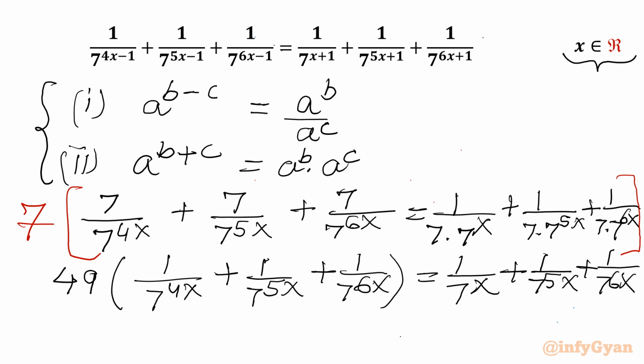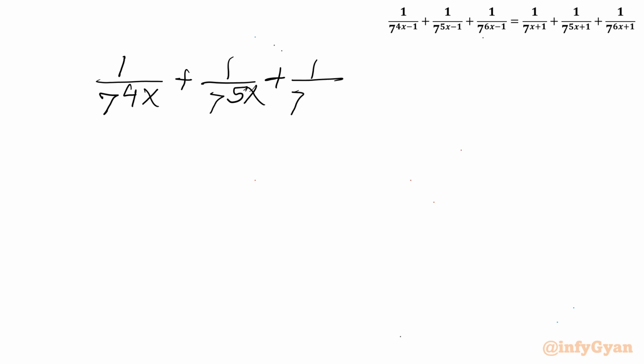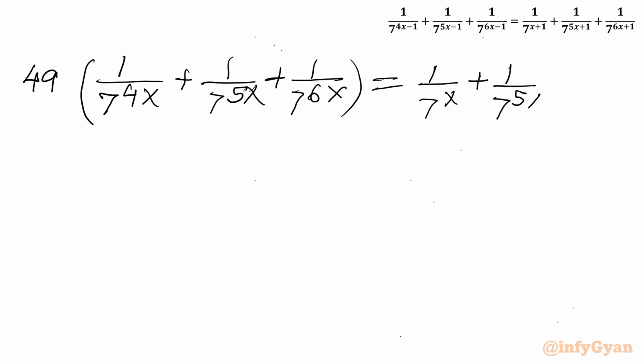Now I will multiply both sides by 7^(6x). I will write 49 times (1 over 7^(4x) plus 1 over 7^(5x) plus 1 over 7^(6x)), and on the right hand side 1 over 7^x plus 1 over 7^(5x) plus 1 over 7^(6x).